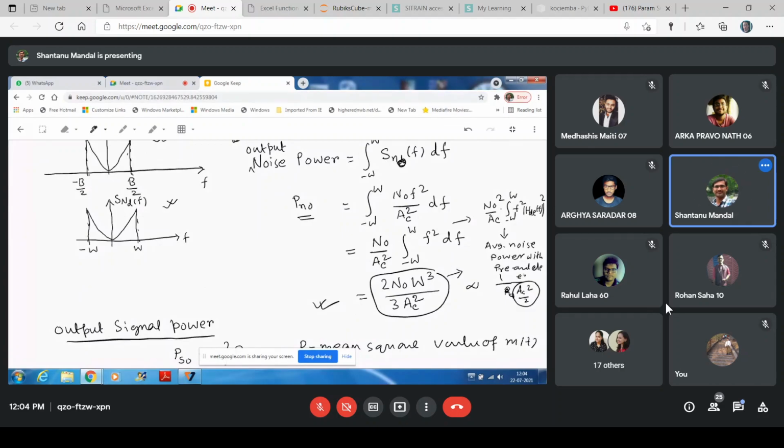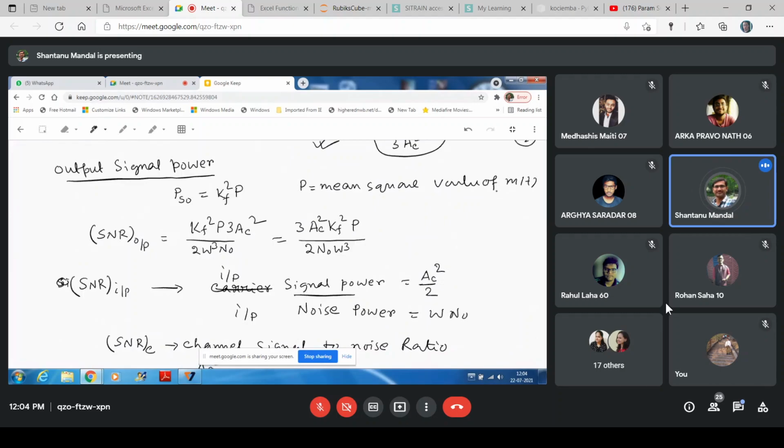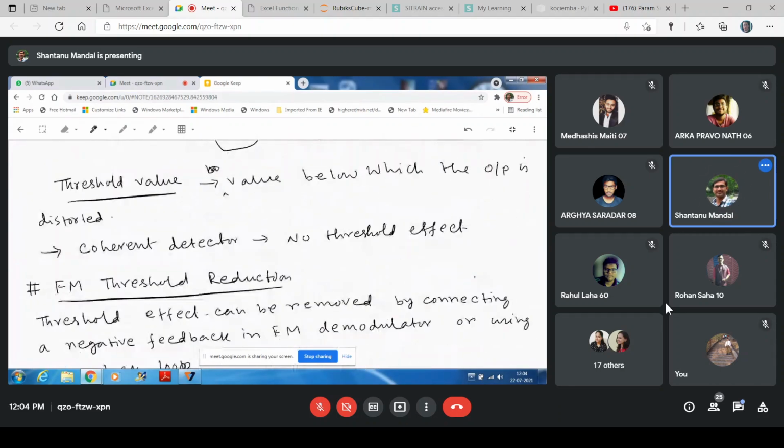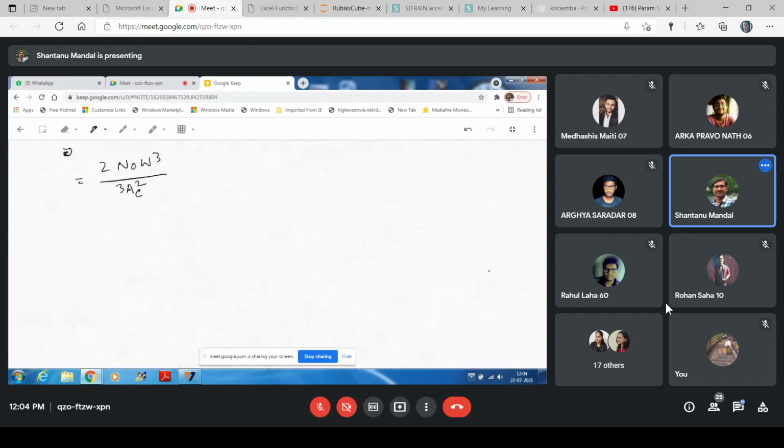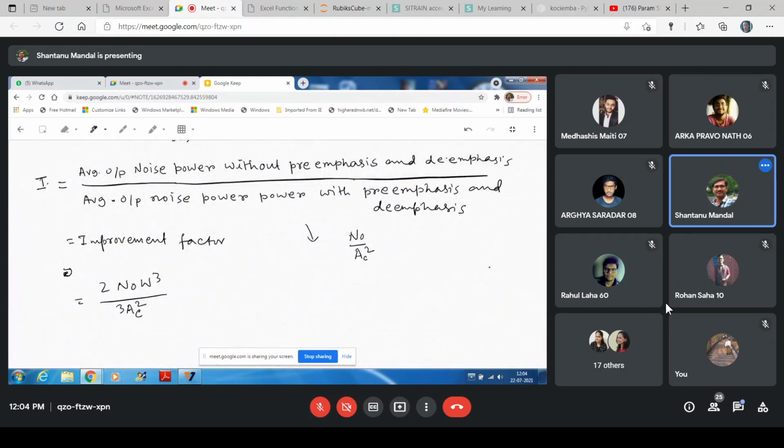and de-emphasis. Okay, so this is the noise power, that is N0 square by AC square, N0 square by AC square into the integral from minus W to plus W of f square mod of H of D f square, H of D square. So if we put this value, so this is equal to N0 square by AC square into the integral from minus W to plus W of f square into H of D f square df.